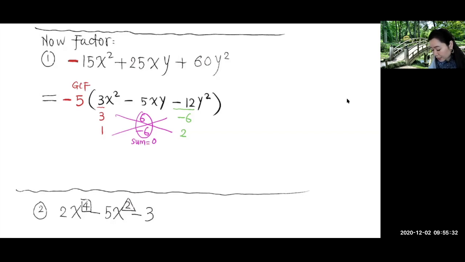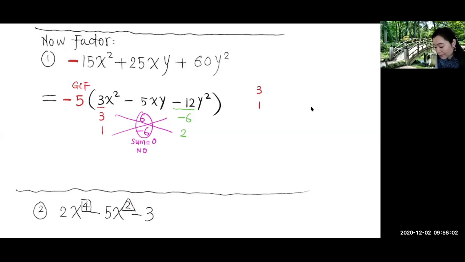Okay, but we can fix it though. So we can try it on the side. The good thing here is when I use this method, you can put it on the side. You don't have to put down all those x. So 3 times 1. Now you can try a different way to factor -12.